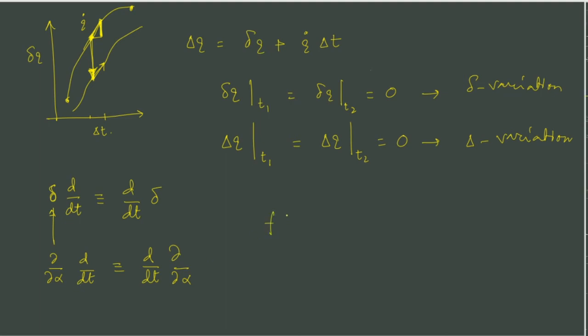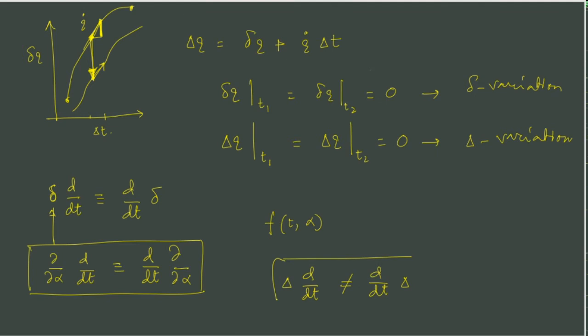If we have a function of t and alpha, then this holds simply because alpha is not a function of time. So these two derivatives were interchangeable. However, when you consider the delta variation, delta of d/dt is not equal to d/dt of delta. So we must be careful with this. We must not just blindly interchange the order.